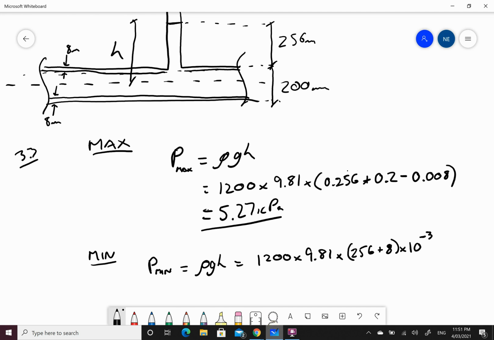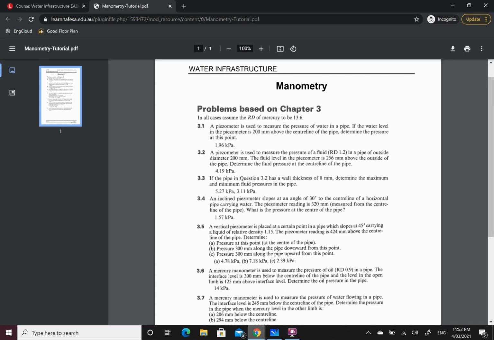Alright, that will get us there. And we go, that is 3.11 kPa. Alright, so maximum pressure is obviously on this bottom face here. Minimum pressure is on the top face here. And how'd we go? 5.27, 3.11, and we are all good.